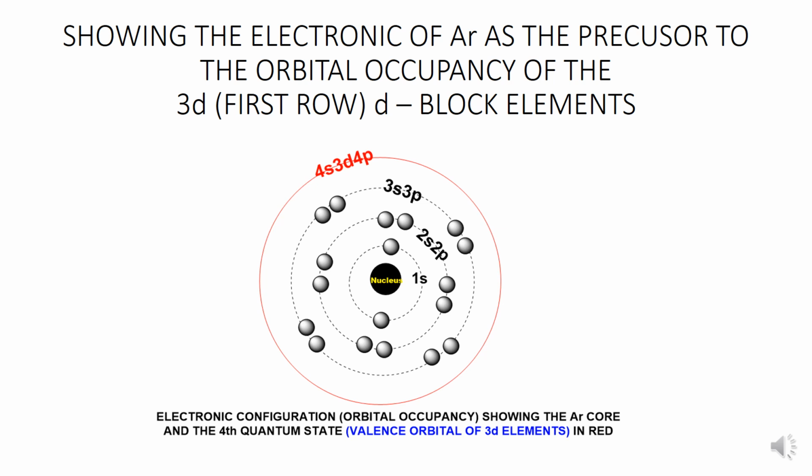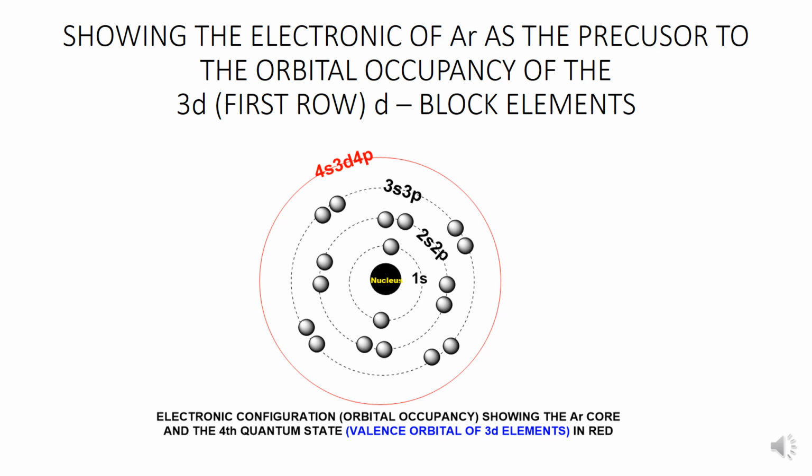We want to start the electronic configuration of this element by showing you the argon core, which is the precursor to the electronic configuration orbital occupancy. Members of this group, the 3D element, possess the argon core, after which comes the fourth quantum state, where lies the 4s, the 3D, and the 4p.